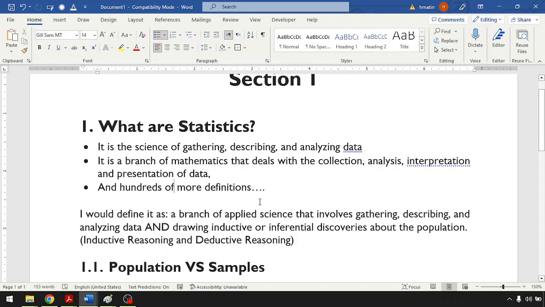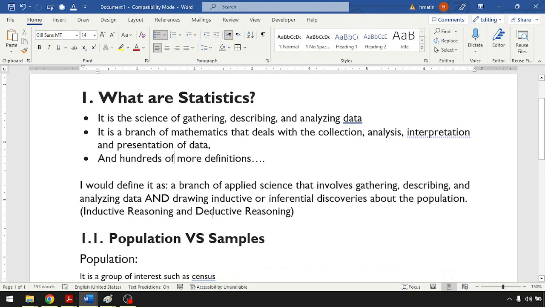Through statistics, we seek to draw inductive discoveries. We seek to use the samples to draw inductive discoveries about the population. Just like in the case of the cats, we use samples to infer that generally cats of the XYZ breed have 10 teeth.